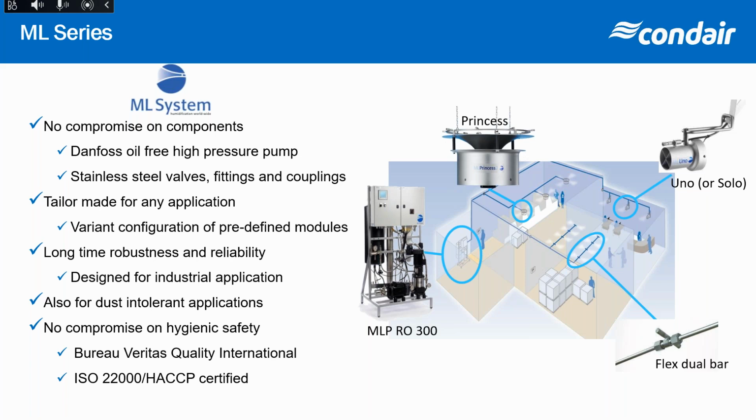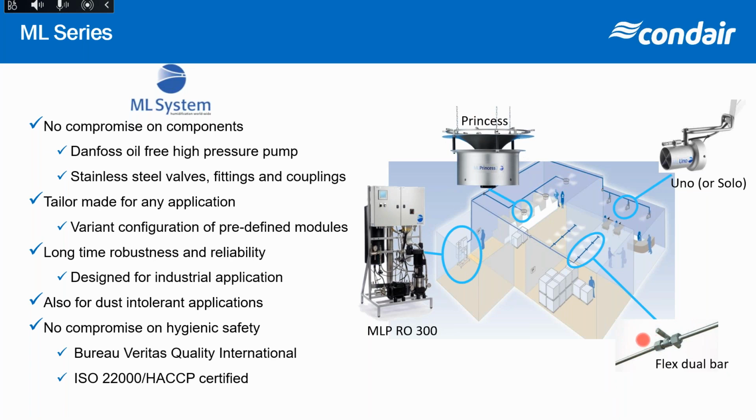But the nice thing is, because of the flexibility of these solutions, you can also extend those systems into the office spaces that are serving the larger facility. There's the Flex dual bar distribution system.